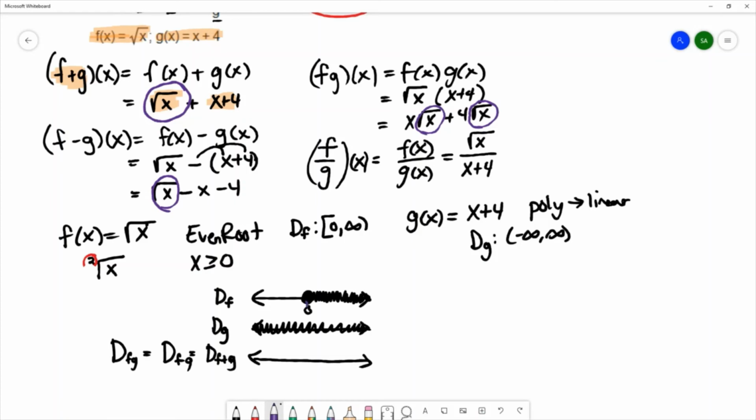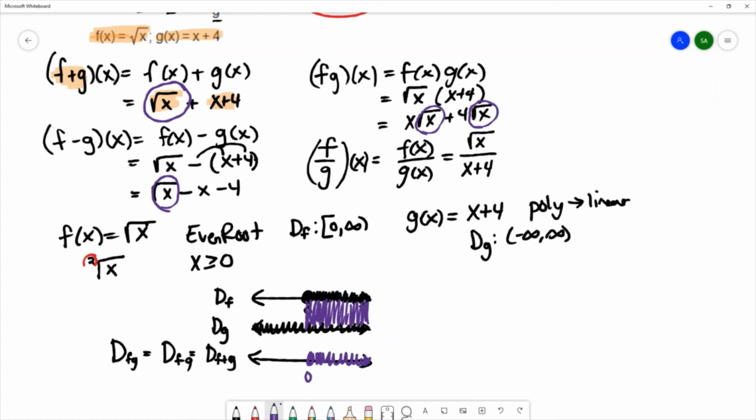So if I look at where these two sets overlap each other, these are the values that I'm allowed to plug into the combined function. So for the combined function, I can start with 0 and substitute any number that is greater than 0, and that's because of that square root.